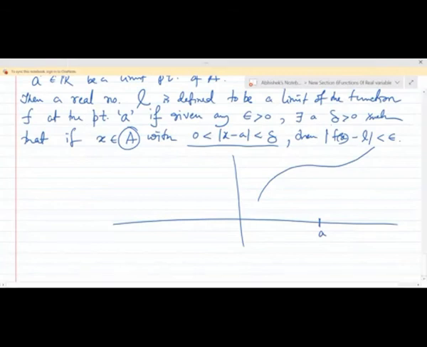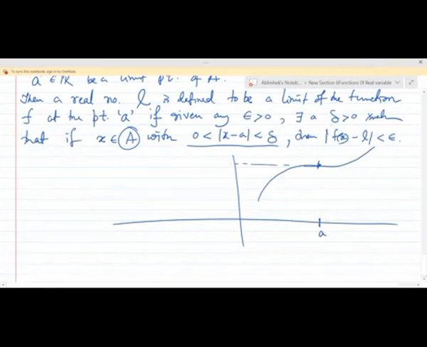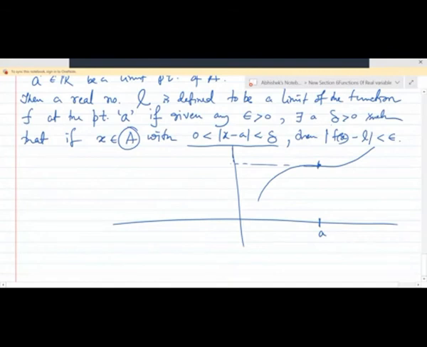Now suppose this is your L, so L will be a limit of the function at the point A. That means, given any epsilon greater than 0, you are considering one interval on the y-axis, L minus epsilon to L plus epsilon.